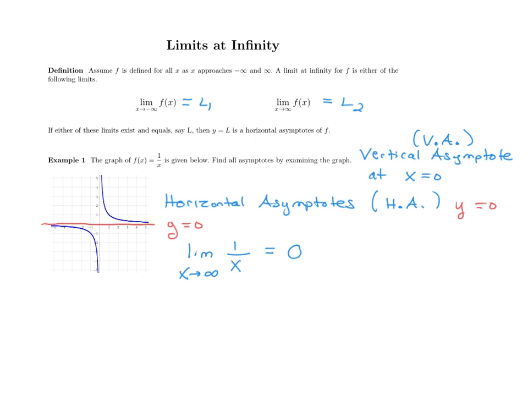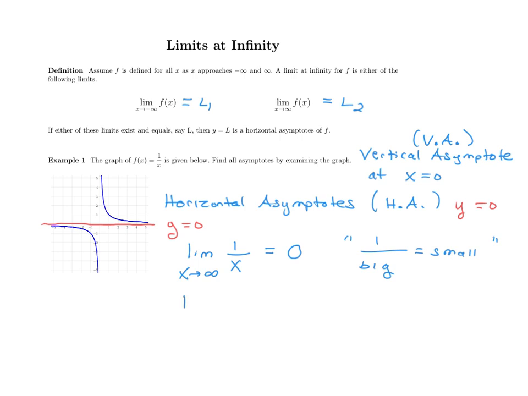I kind of think of this as we have a fraction that is 1 over something really big. So we're putting very large numbers into the denominator. If you take the number 1 and divide it by something that's huge, the result is going to be small. And in fact, so small that it is approaching 0, and 0 is the limit.